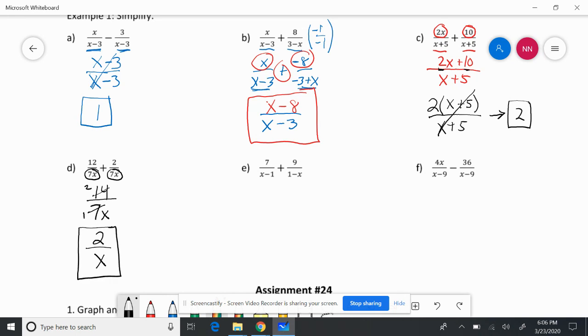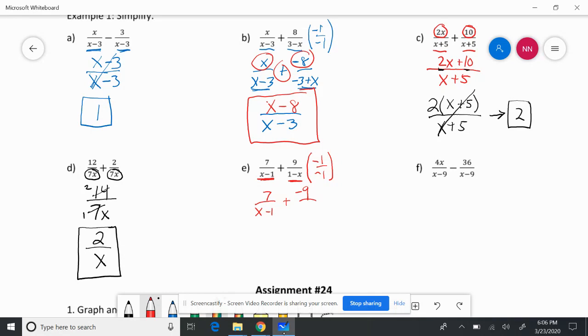Now, looking at letter E, that's going to be similar to what we did in letter B. Notice that we have an x minus 1. This is a 1 minus x. They're not the same. But if we were to multiply the top and the bottom by -1, so we're not actually changing the value, what we end up with is 7 over x minus 1, plus this is a -9.